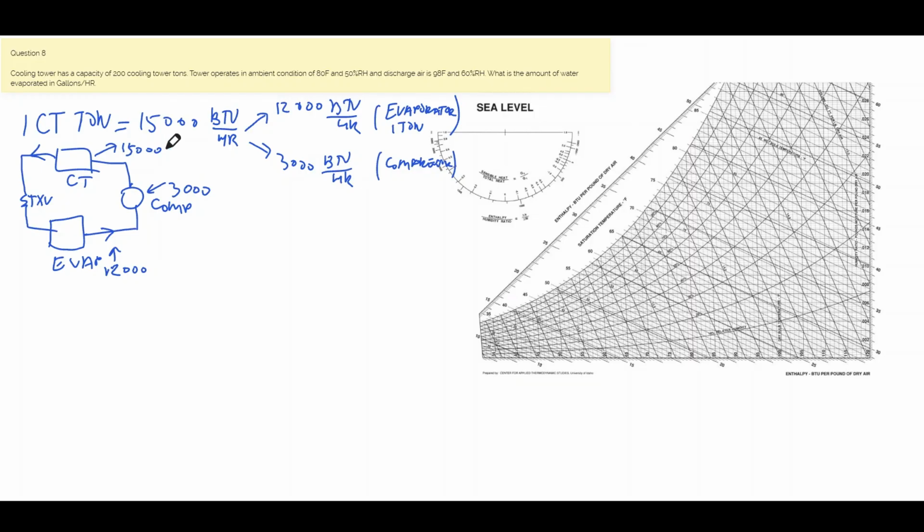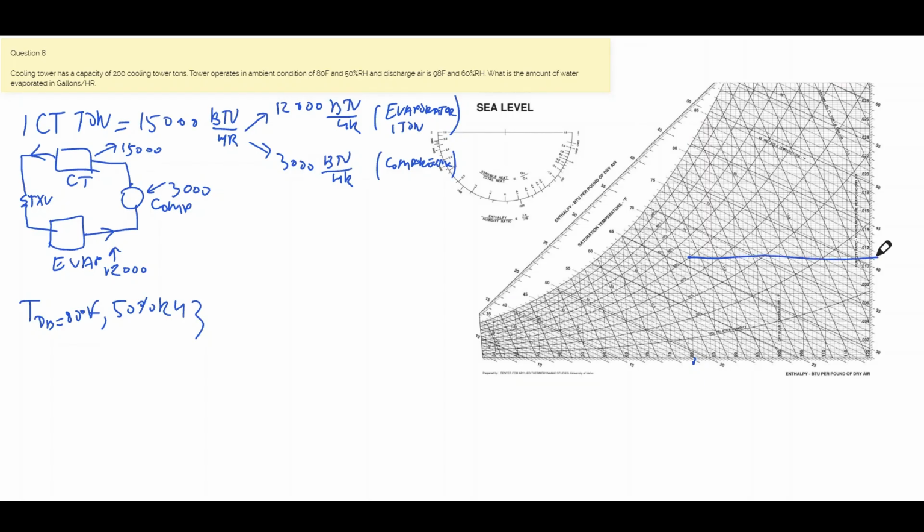Now let's focus on two conditions that we have to get our enthalpies and our moisture content. So first condition, we have 80 degrees dry bulb air entering, and 50% relative humidity. We go on our psychrometric chart, we find 80 degrees, we go to 50% relative humidity.